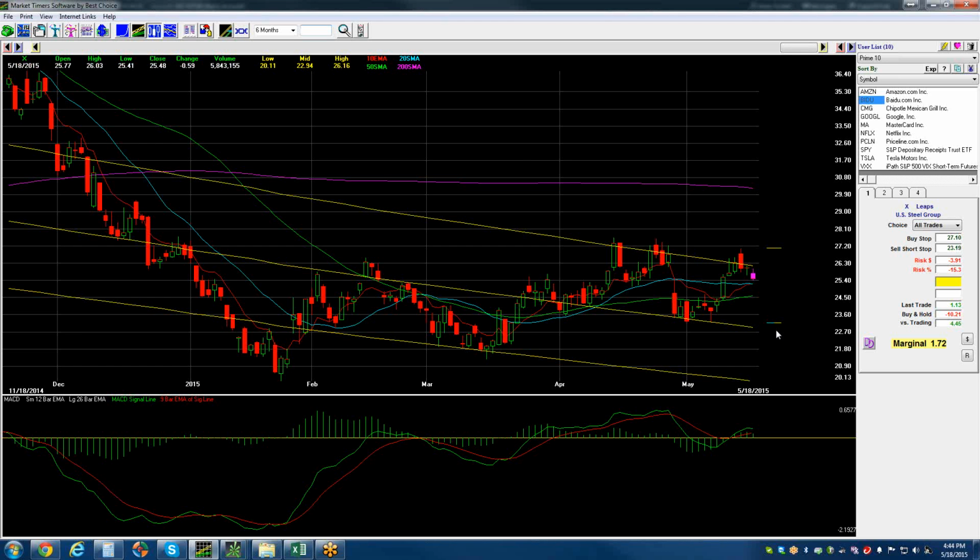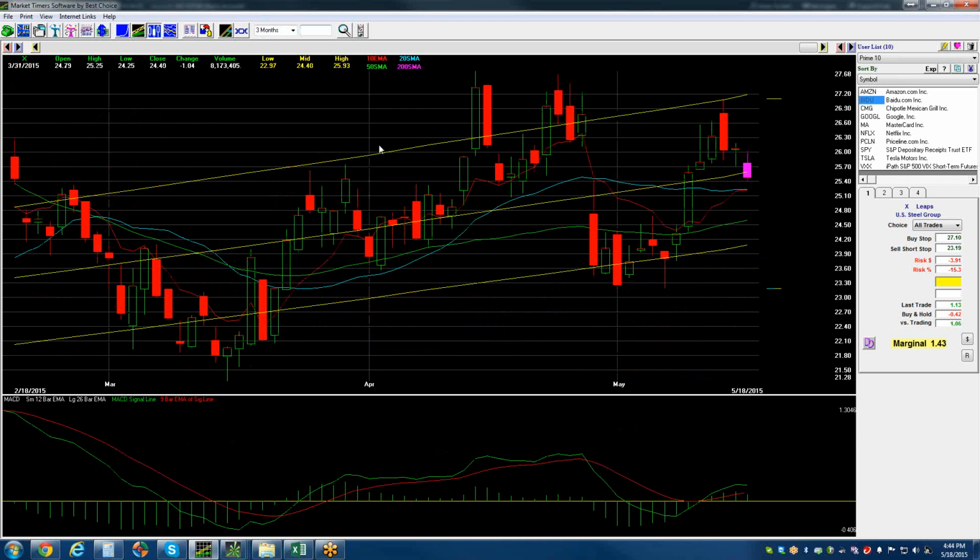So I also saw this pattern right here. Can anybody recognize what this pattern is? Let me maybe do it on a 3-month chart. You can see it better. Can anybody recognize this pattern? Come on, you candlestick lovers out there. There's enough of you that should recognize this.